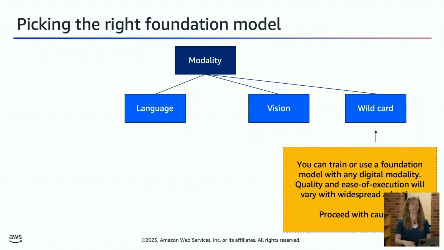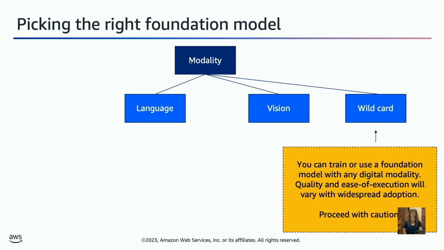And so in any case, when we're picking the right foundation model, the first thing we'll do is start with the modality that we're interested in, and generally that's language or vision or some unknown wild card. You can use foundation models with really any digital modality, and my only word of caution here is that the quality of that model and the ease of execution of that model is really going to vary as a function of how widely adopted that model is.